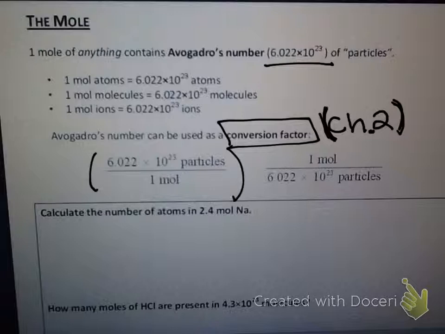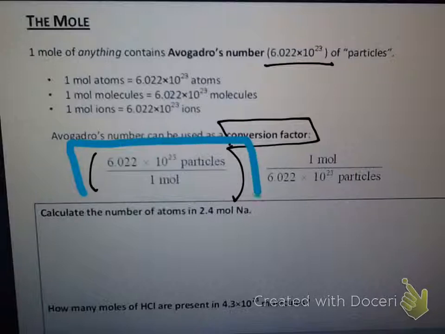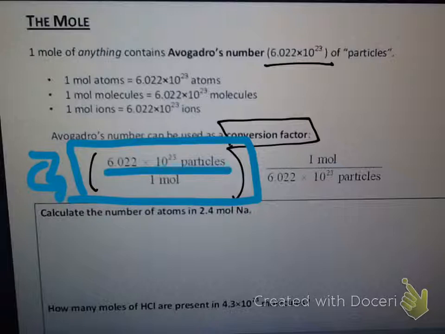But remember, when you have a conversion factor, an equality that has two different types of units that basically equal the same thing, you can write the conversion factor as an equality also in a ratio form. So here, I've written a ratio. 6.022 times 10 to the 23rd particles is 1 mole, so over a mole. You can also write the ratio in reverse, the reciprocal of that ratio.